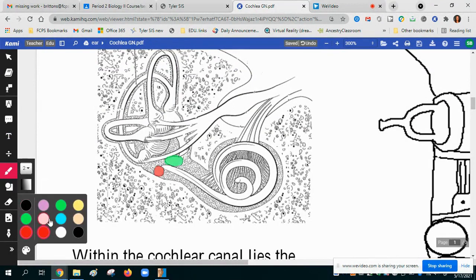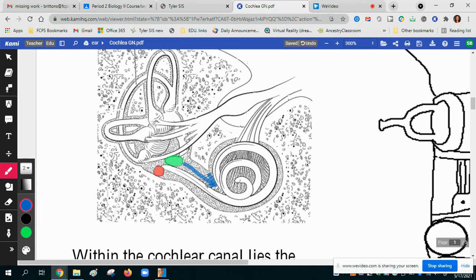And we can see here that there is a canal that starts right here and goes this way. Now I'm not able to follow it really well all the way because it kind of turns back on itself, but it will reach all the way to the center and then come back and end at the round window. So again, that's still fairly confusing.